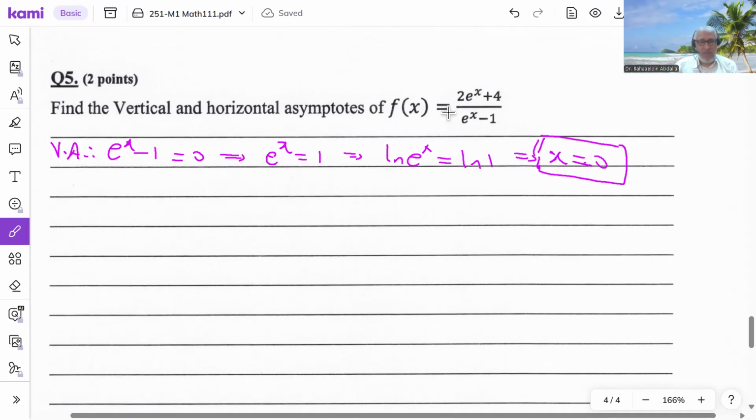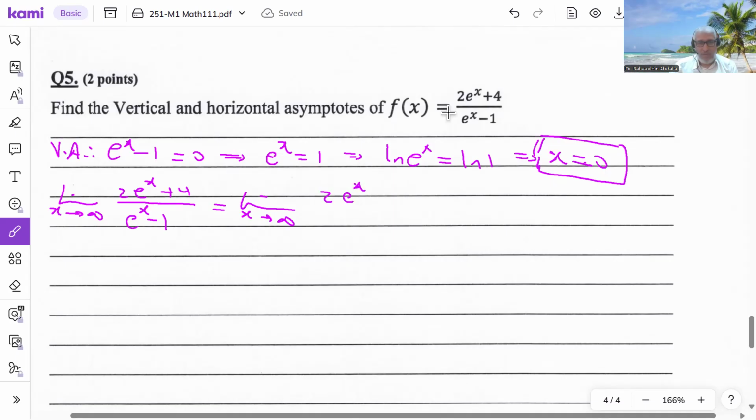To find the equations of the horizontal asymptote, I find the limit as x approaches infinity of f of x. We said that if x approaches infinity or negative infinity, we deal with the term with the highest power up and down.